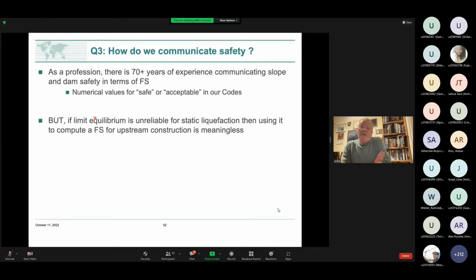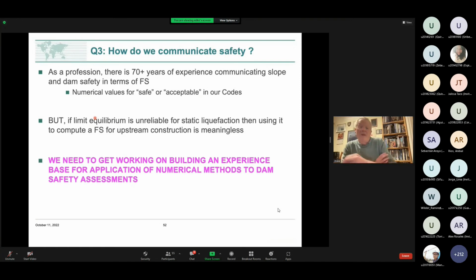But if limit equilibrium is unreliable for static liquefaction, then a factor of safety is essentially going to be meaningless. So what are we going to do? My view is we've got to get working on building an experience base for applying numerical methods to dam safety assessments.